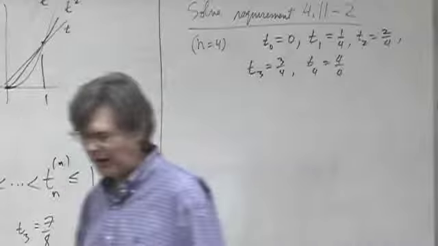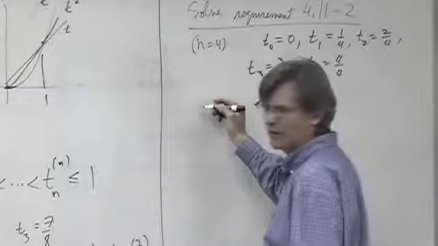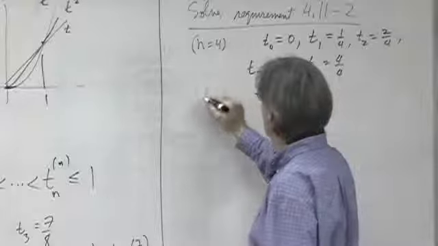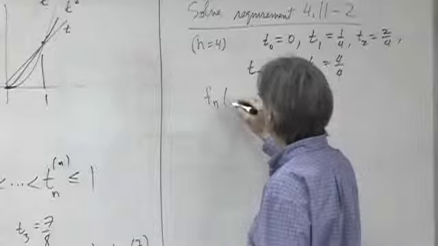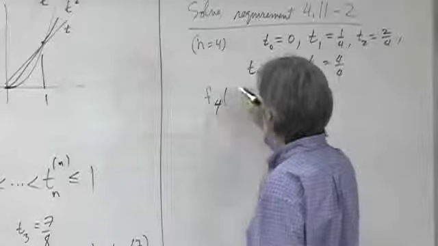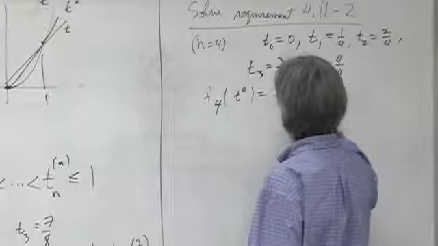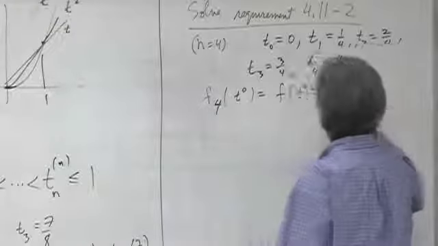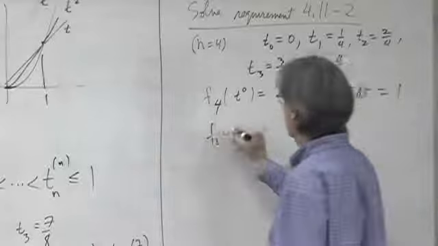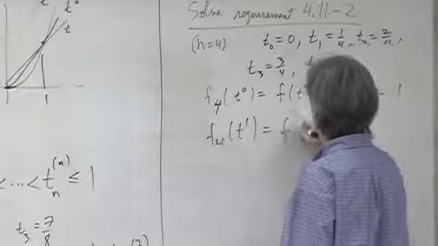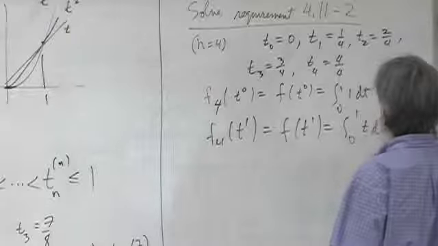What I want to happen is that I'm going to have 5 equations, because I'm going to want F sub 4 of t to the 0 to equal f of t to the 0, which equals the integral of 1 dt from 0 to 1, which equals 1. I want F sub 4 of t to the 1 to equal the integral from 0 to 1 of t dt, which equals a half.